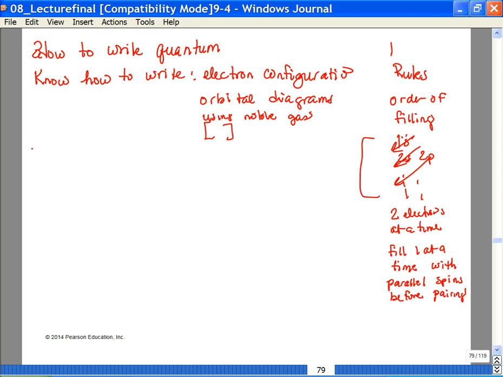From these things, we can identify core electrons and valence electrons.